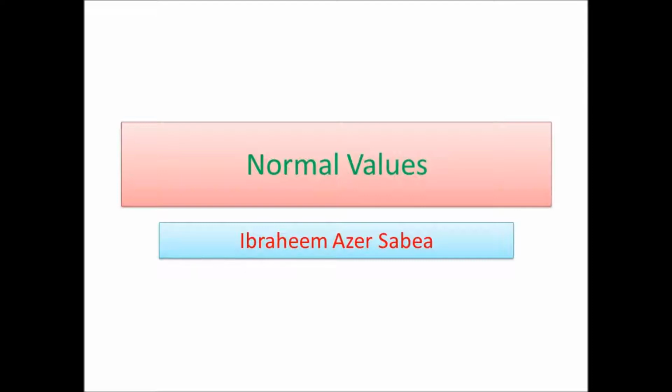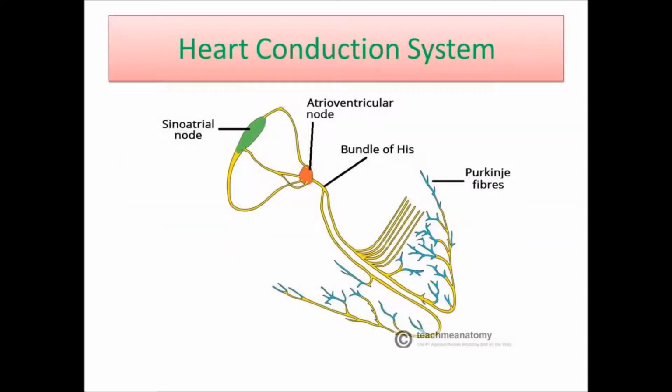Before we start, I would like to discuss the normal conduction system of the heart, because it's important to review this conduction system before we understand the heart waves and how they form. So this is the normal conduction system in our hearts.